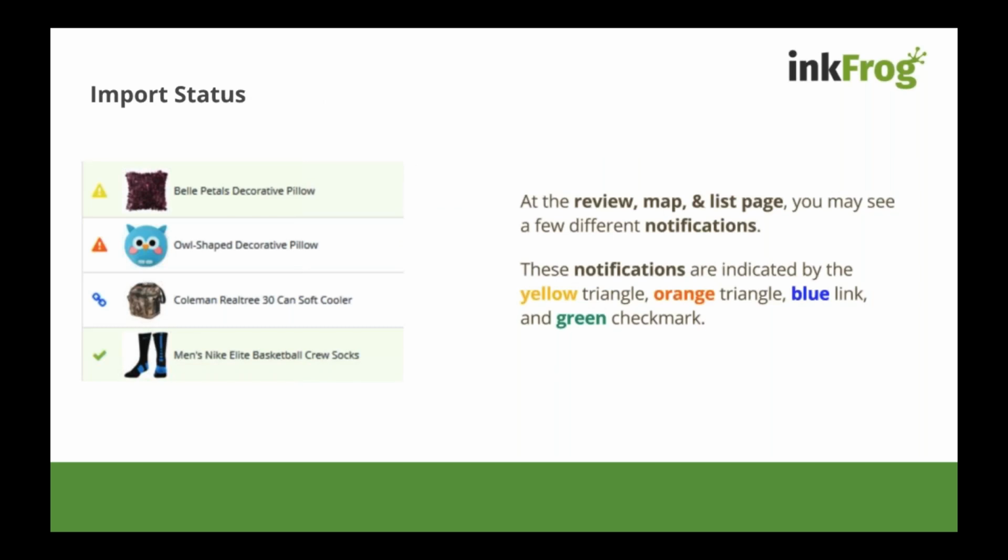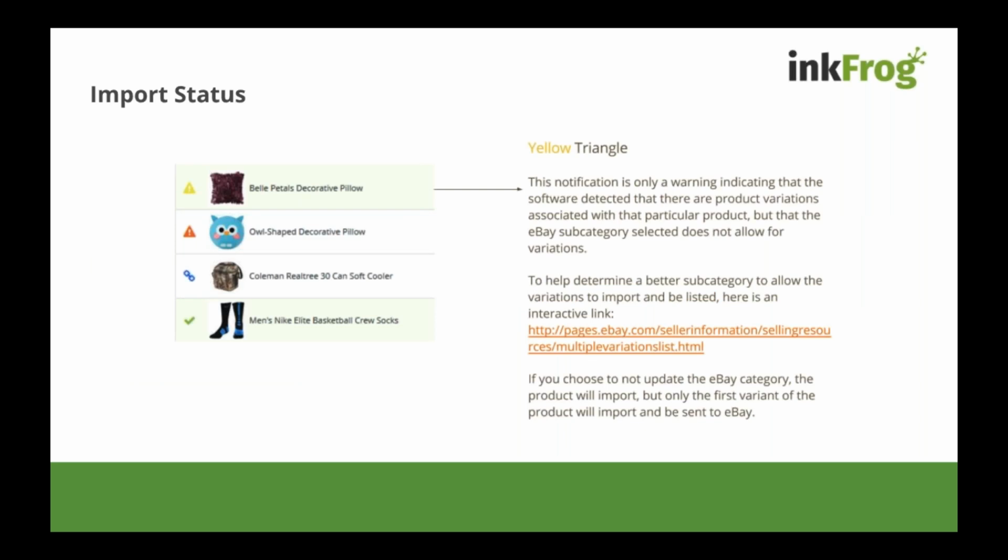So on this page, here are all the potential notifications you could see. You'll see we've got a yellow triangle, orange triangle, a blue link, and a green check mark.